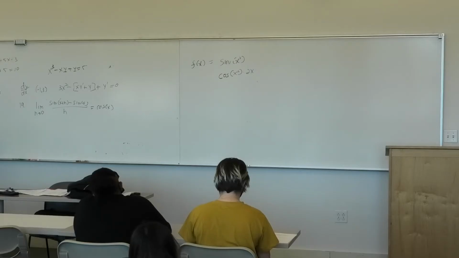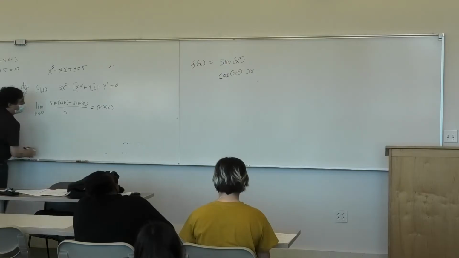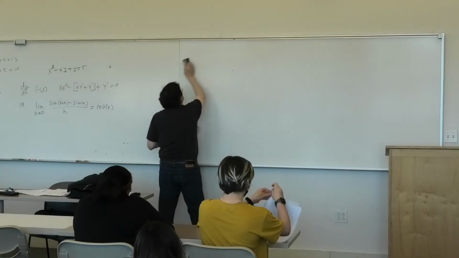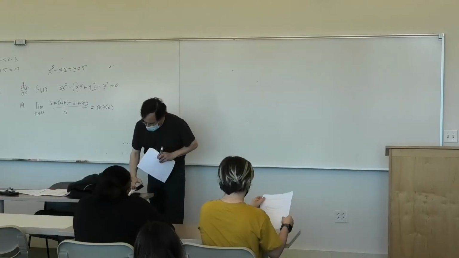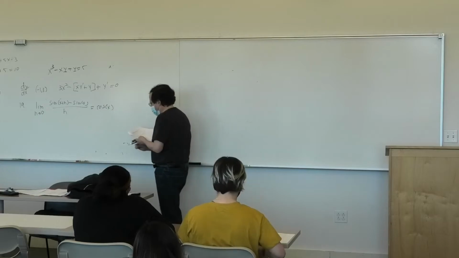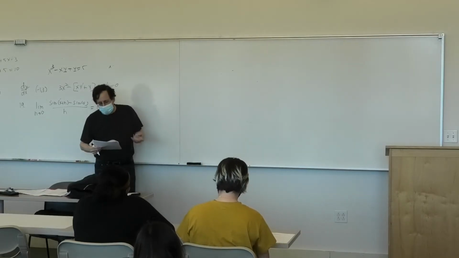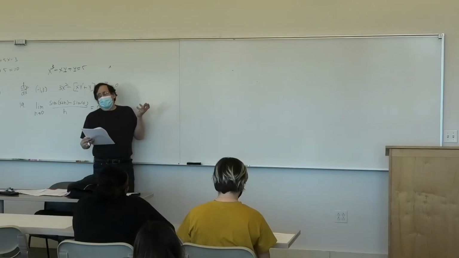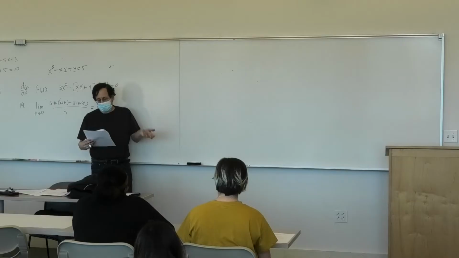And finally, number 20, I made a mistake. It was completely in your favor. I forgot to write down that I wanted the future value given continuous compounding.